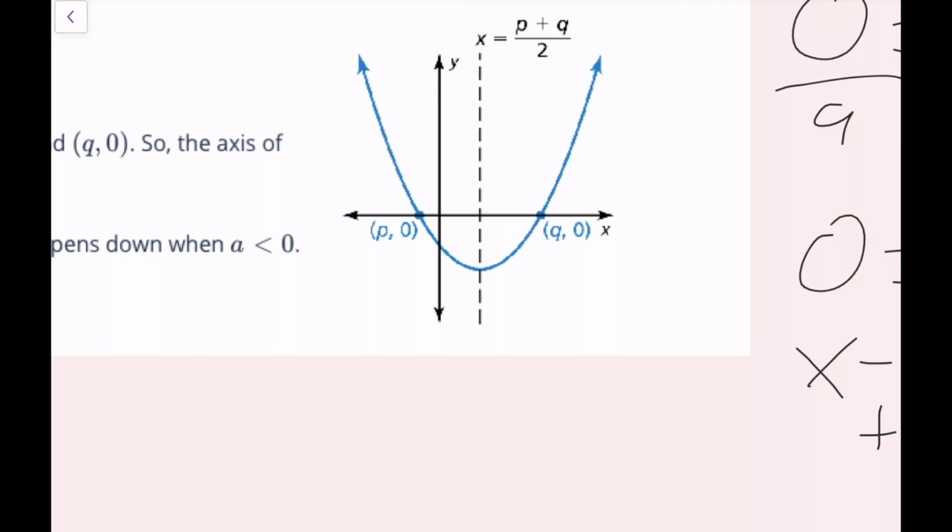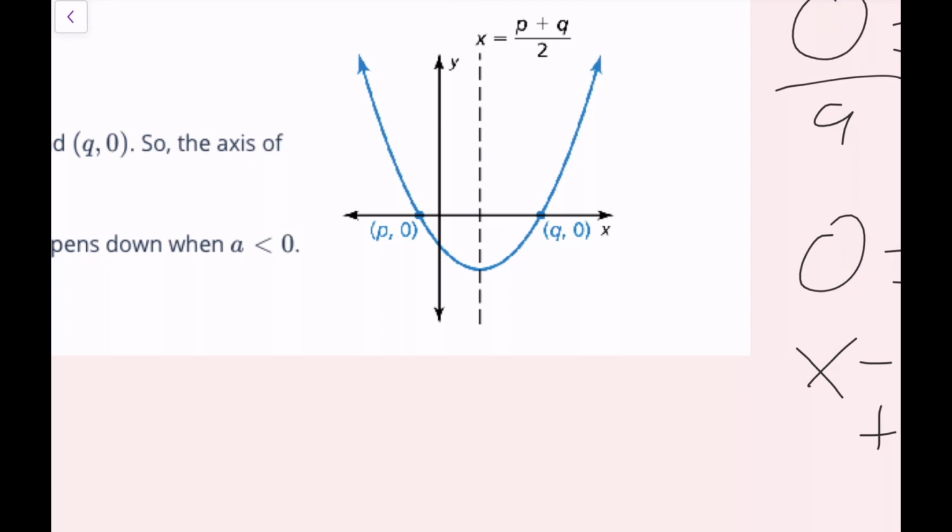So on this graph right here, if I have p as one of my x-intercepts and I have q as my other x-intercept, they are both going to be the same y value, which means that their x values are going to be equidistant, which means the same distance away from the x value of that vertex. So all I need to do is find the midpoint of these 2 points, and that will give me the x value of the vertex. So to find the midpoint, we just add up the two values and then divide them by 2, right? We're really just taking the average, okay?